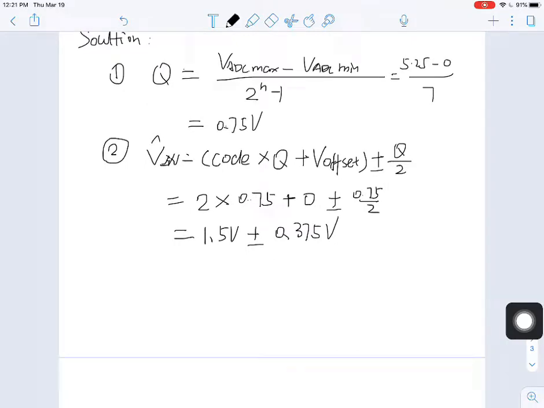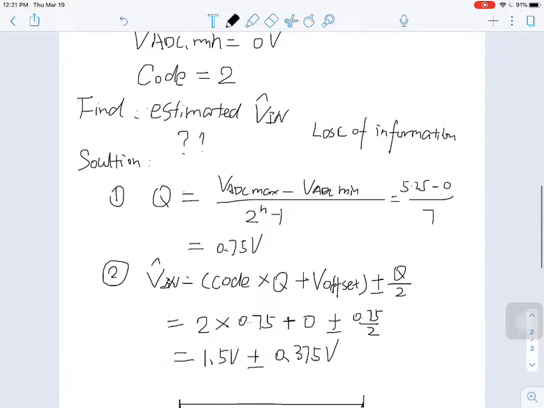You can map this around, just hopefully you remember that map. So remember, we can have a map if we have voltage starting from 0 to, let's see, what's the voltage here?